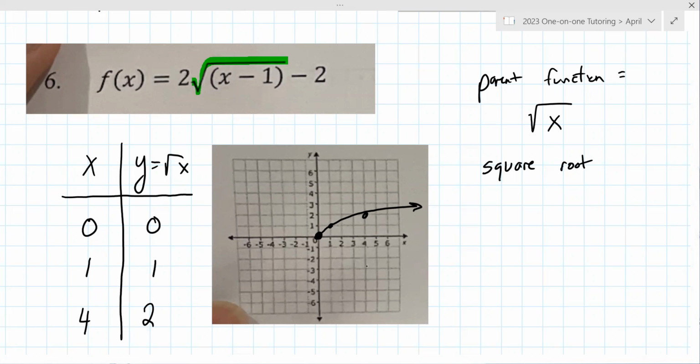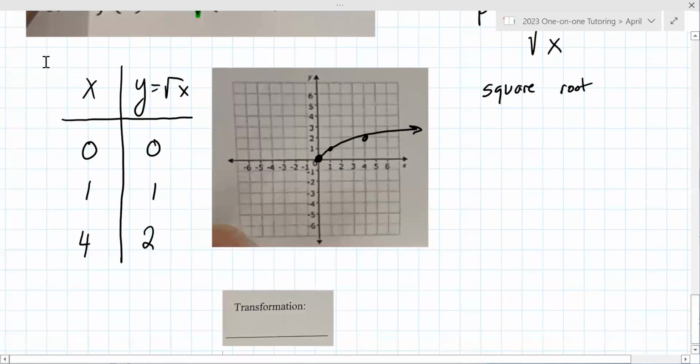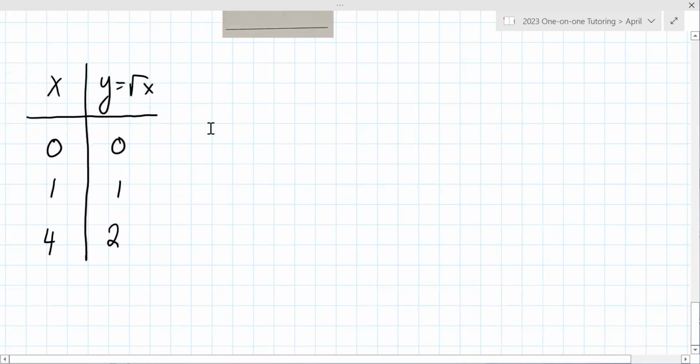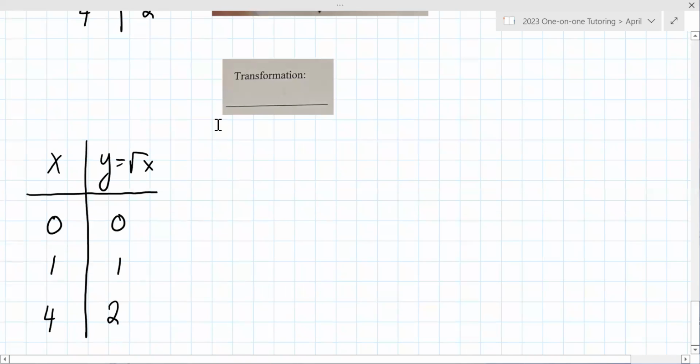Now we're going to do the first transformation. So I'm going to grab this. It's down here. All right. So the first transformation is to the right 1.